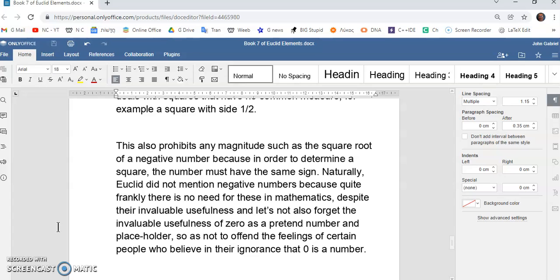Now, Euclid didn't mention negative numbers because, frankly, there's no need for them in mathematics, despite their invaluable usefulness. And they do make mathematics a lot easier. And also, let's not forget the invaluable usefulness of 0 as a pretend number and a placeholder, just so that we don't offend the feelings of those people who believe in their ignorance that 0 is a number.